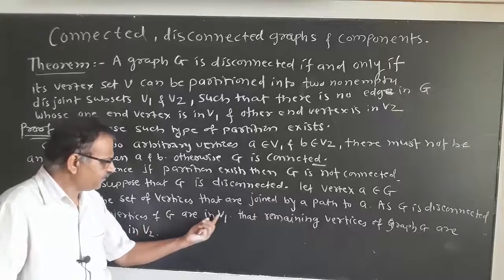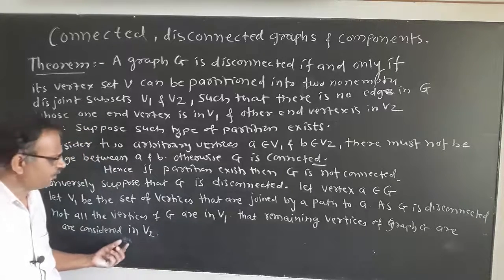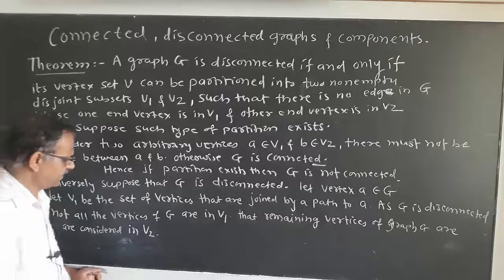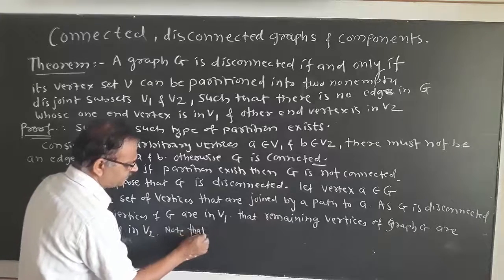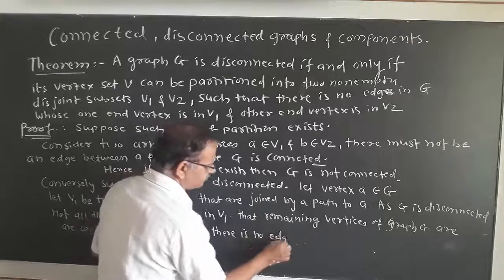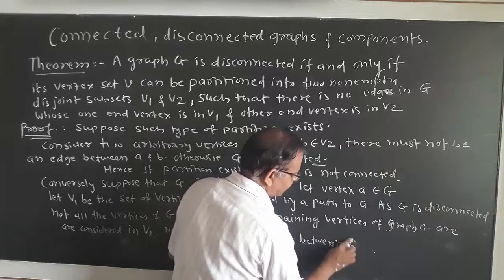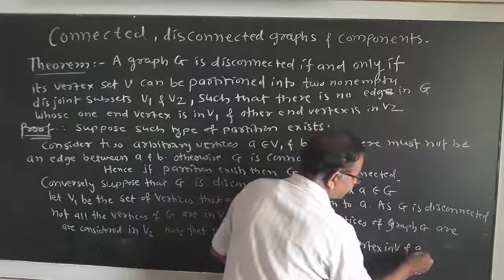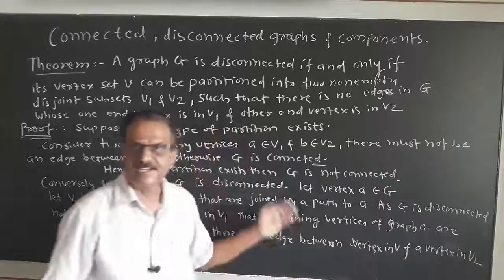We can conclude from this that there is no edge between V1 and V2. There is no edge between any vertex in V1 and any vertex in V2. Note that there is no edge between a vertex in V1 and a vertex in V2, and this proves the condition.